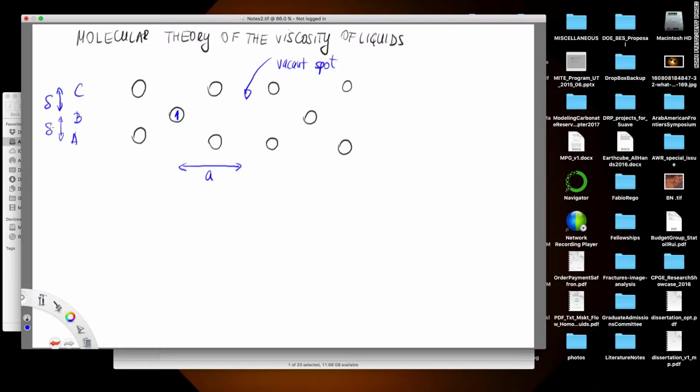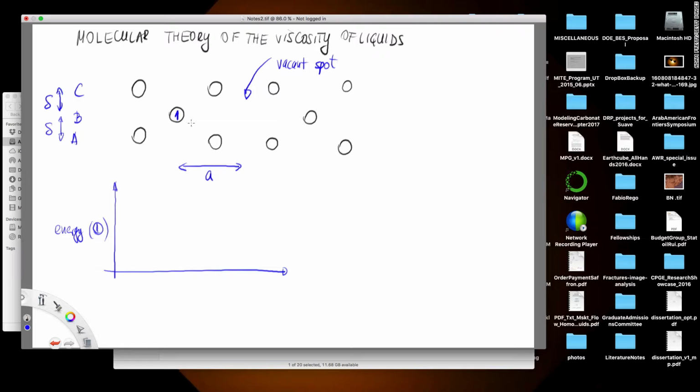So now I'm looking at the energy. For this molecule to jump through, this is the energy of this molecule 1.